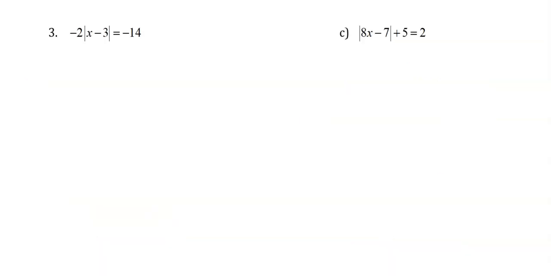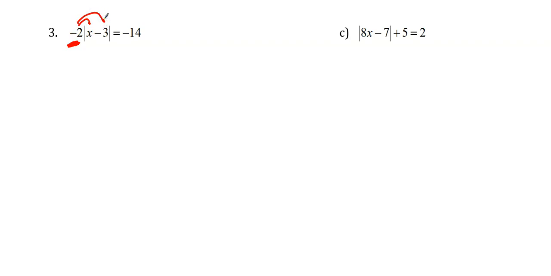All right, well, what happens when there is stuff outside of the absolute value? I cannot go case 1, case 2 until the absolute value is by itself. So right now, I've got a negative 2 sitting outside of that absolute value. We will not distribute into absolute values, ever, ever, ever.